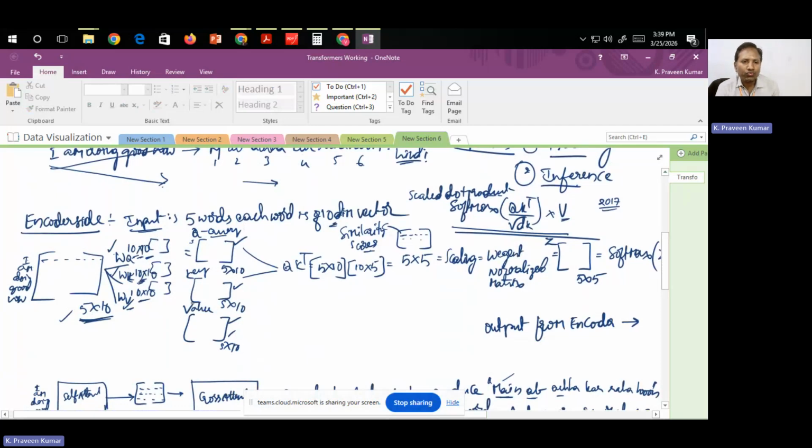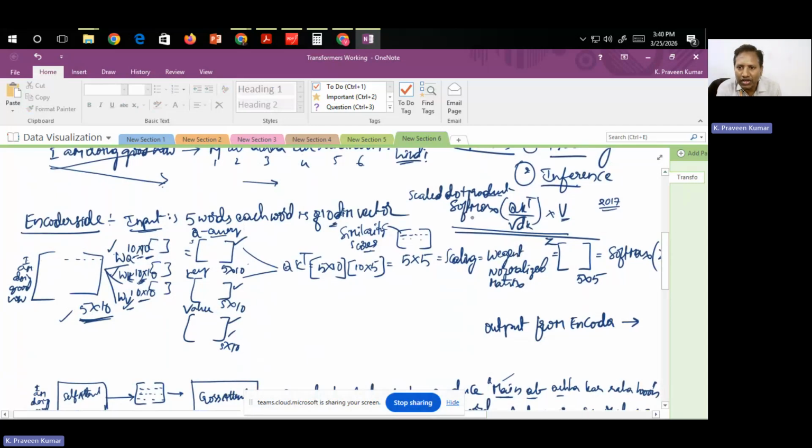So the weights are multiplied with the X part. After this, he performs this operation.